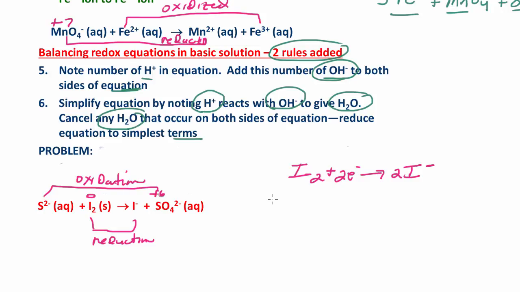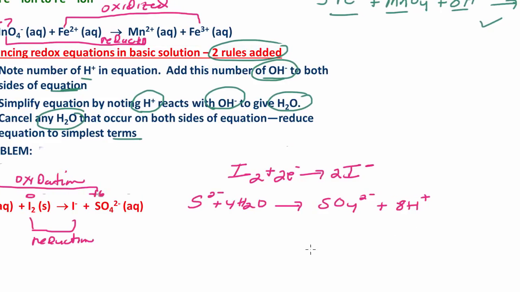And let's go ahead and write the other half reaction. So we have sulfide ion going to sulfate ion. And let's put 4 waters on this side, and we need the 8 hydrogens on this side. What else do we need to do here?